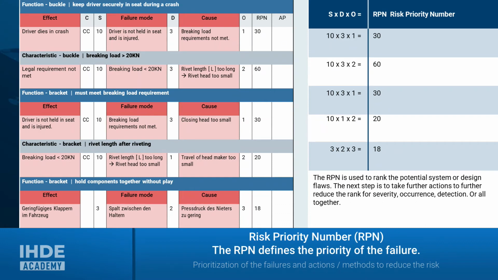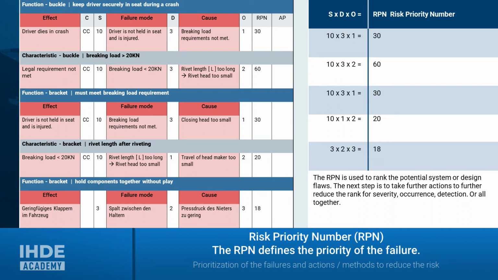A high risk priority number means high risk. A maximum of 1000 points are possible. If S, D, and O were each rated 10, then the product of 10 times 10 times 10 is 1000. The smallest possible number is therefore logically 1.